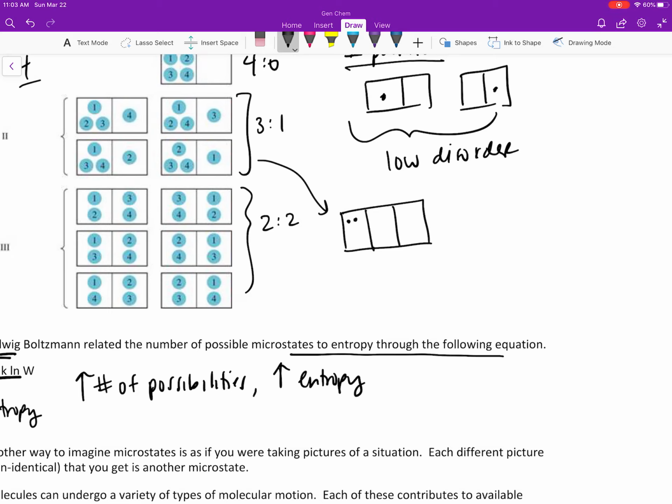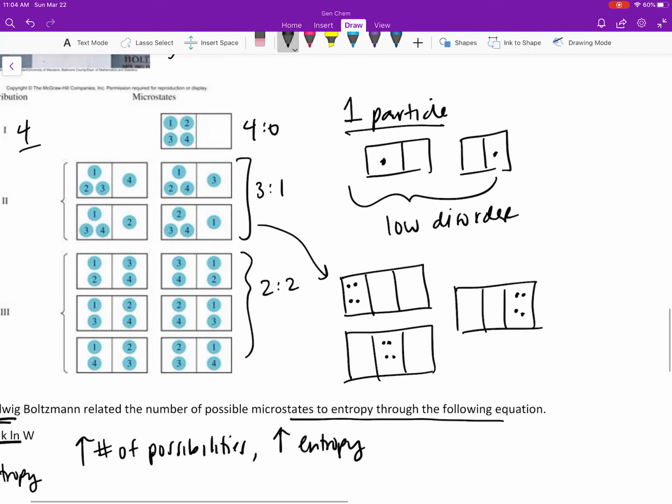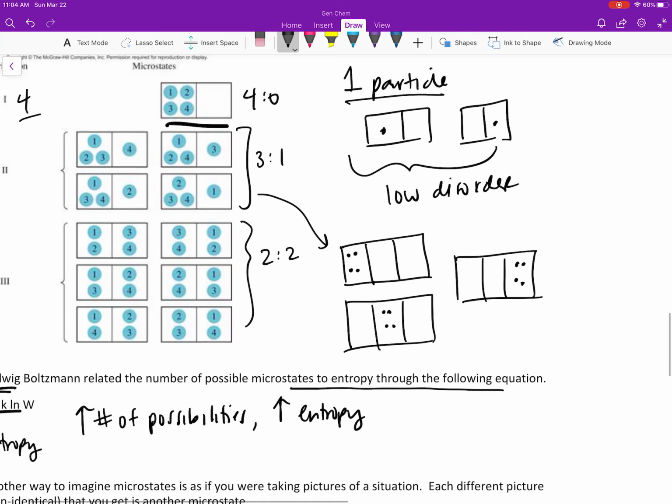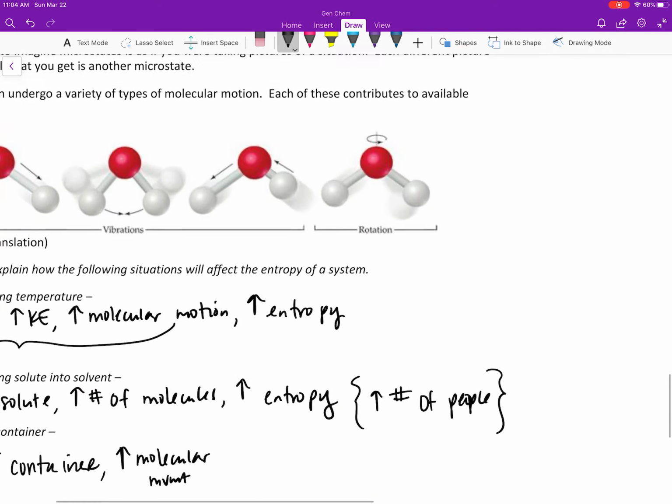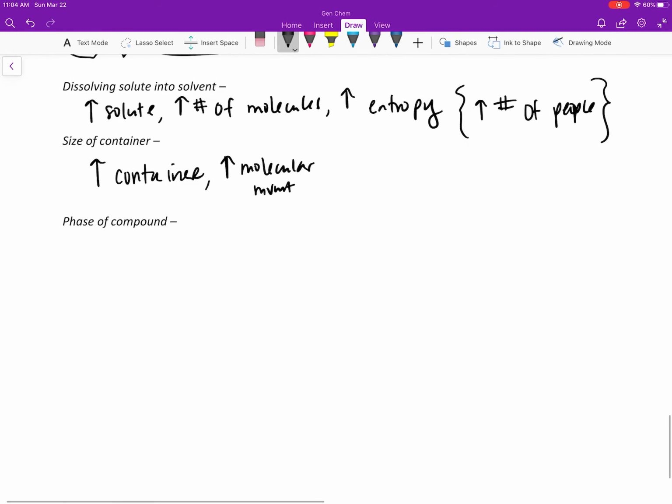So now I can do 4, or I can do 4, or I can do 4. So before, I just really had very limited options. But now I could put 3 in 1, or I could put 1, 1, and 2. So all of a sudden, having more boxes for my particles means there's more entropy.